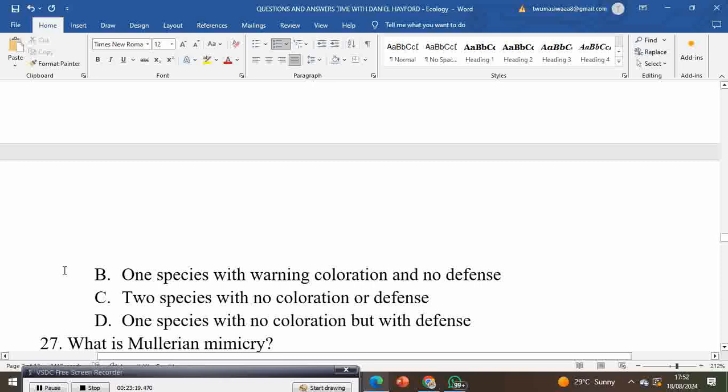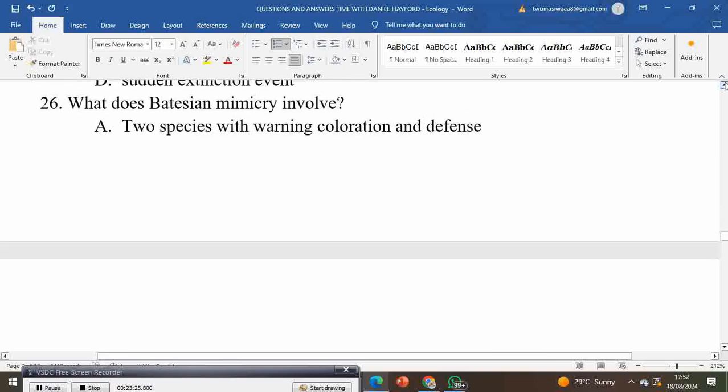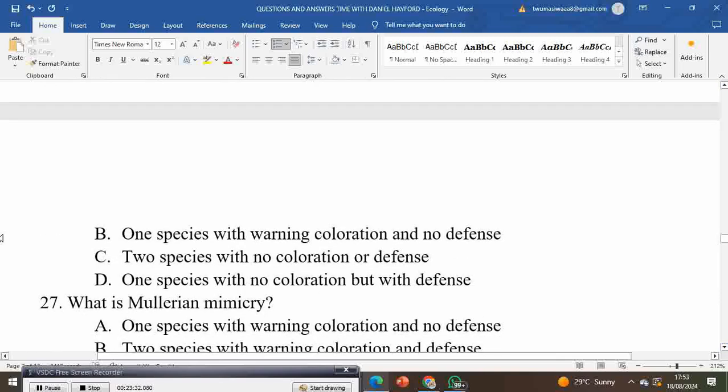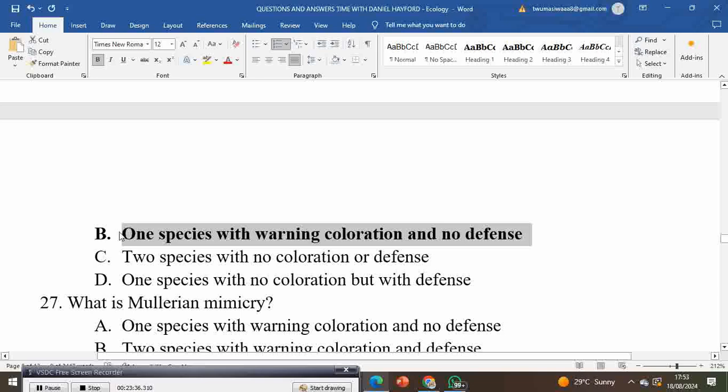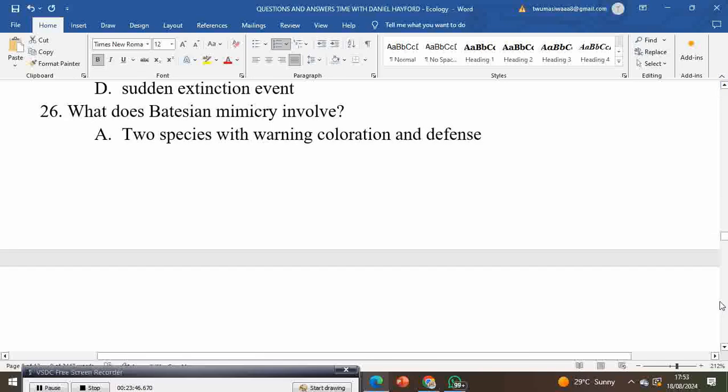Is it A, or B, or C or D? I think it should be B, one species with one coloration and no defense.